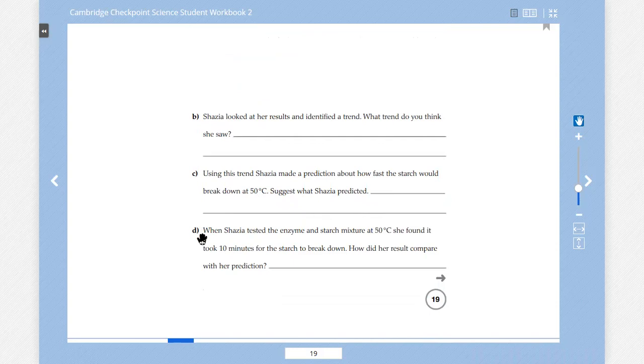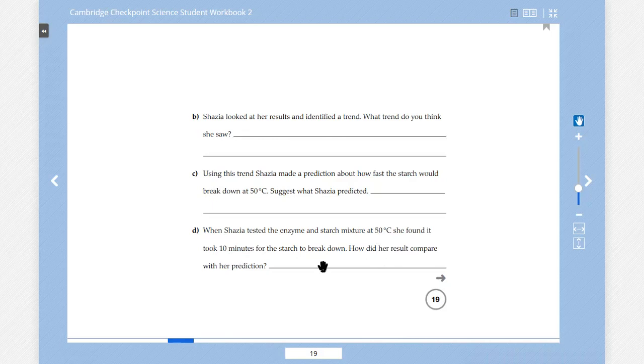And for part D, when Sazia tests the enzyme and starch mixture at 50 degrees Celsius, she found it took 10 minutes for the starch to break down. The earlier one is only a hypothesis, not real, just an opinion.